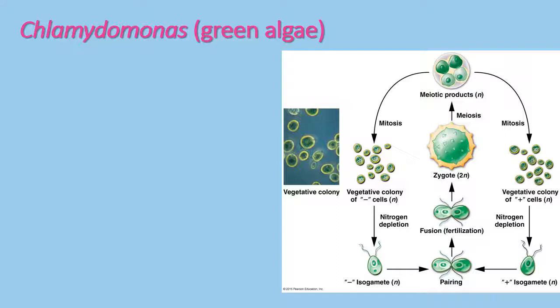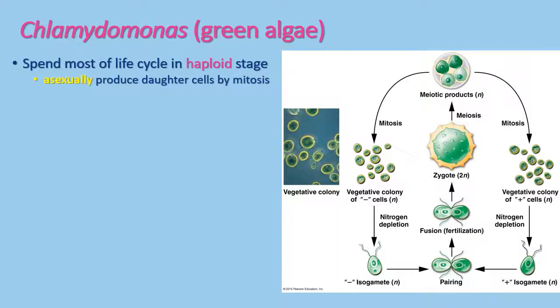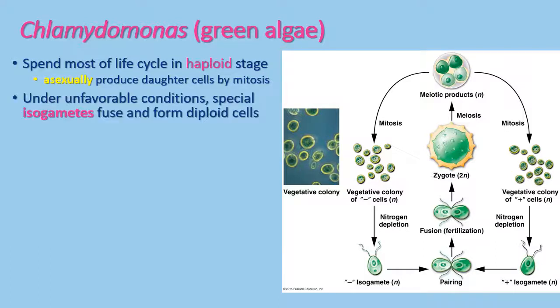So just some examples of some different organisms and the cycles that they go through. Green algae spends most of its life in a haploid stage where it just reproduces asexually. But if it gets in a pickle where the conditions aren't very favorable for life, then the cells will differentiate into structures called isogametes. Two isogametes will fuse to form a diploid zygote.